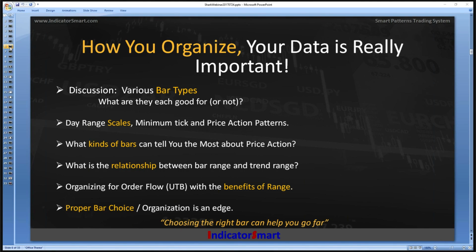And this opens up the door for risk management. It also opens up the door for the bar telling you what's actually happening inside the price action when you look at the bars. There are other important factors about bars. For example, what is the relationship between the range of a 5-minute bar and the day?